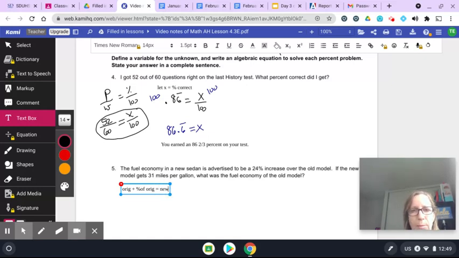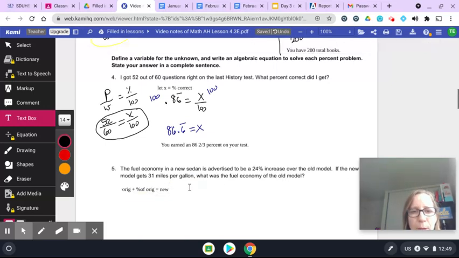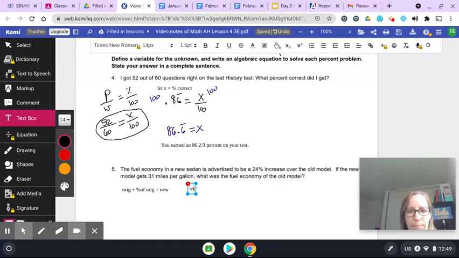That's my basic startup. So I am looking for the old model. I'm looking for the original. So I'm going to say let x equal original model, or old model, whatever you like.